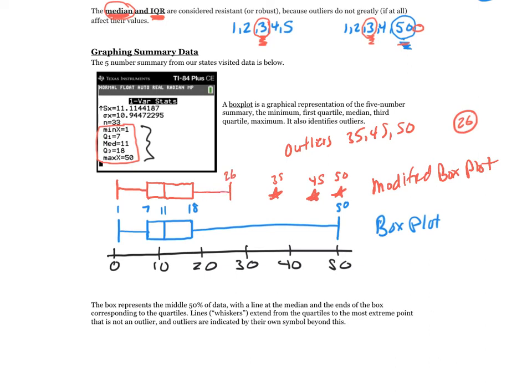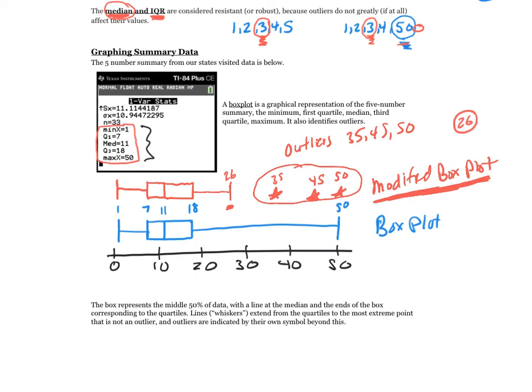So that's a modified box plot, where in a modified one, we show the outliers, and then the whisker on the right goes to the first value that's not an outlier. Okay? So the first value under 35 was 26. Okay? So in our course, when I ask you to do a box plot, I'd like you to show the outliers. So we will do the modified box plot.